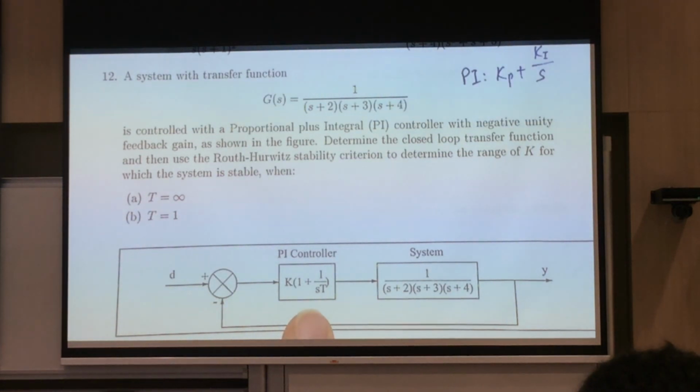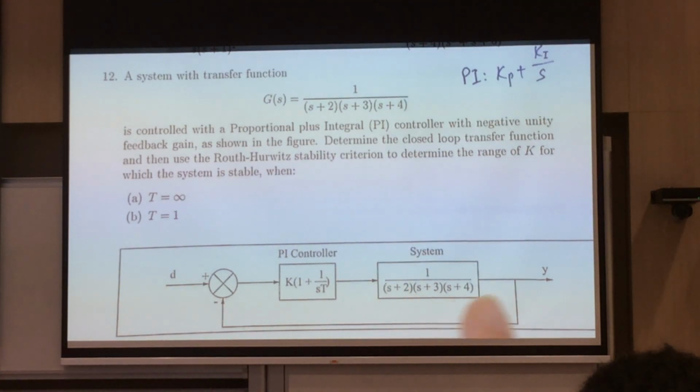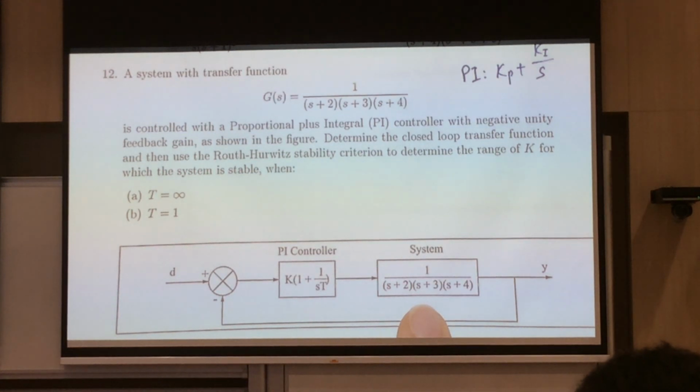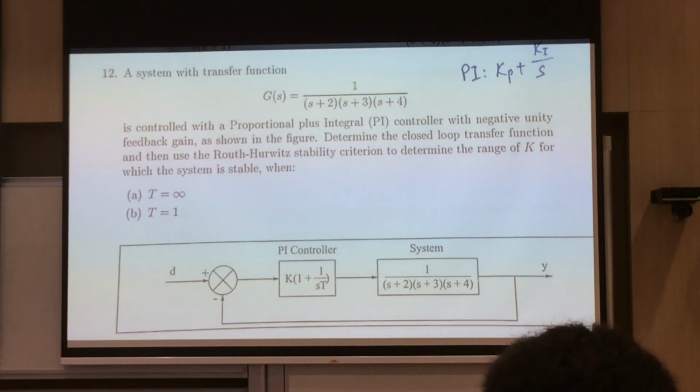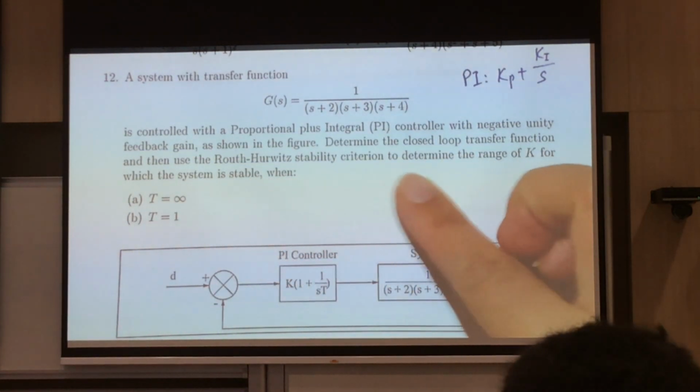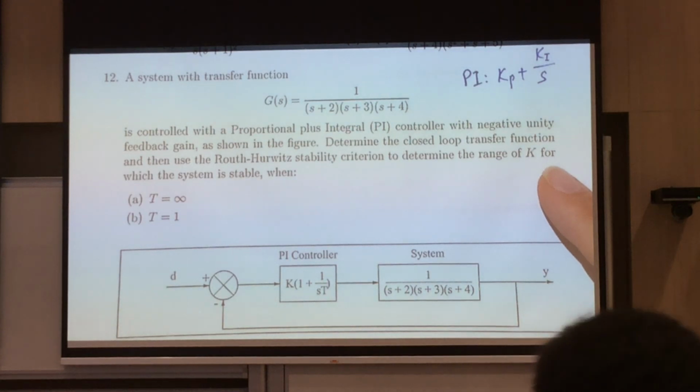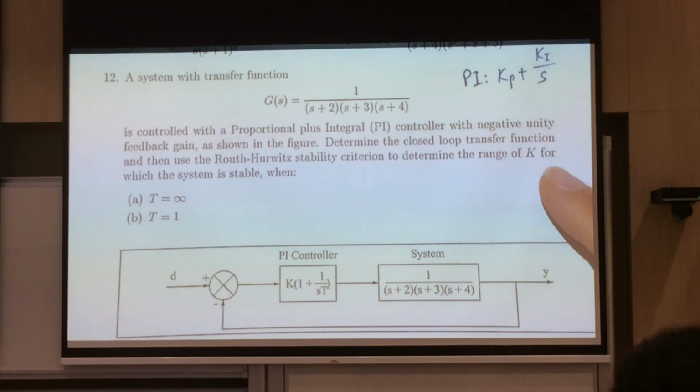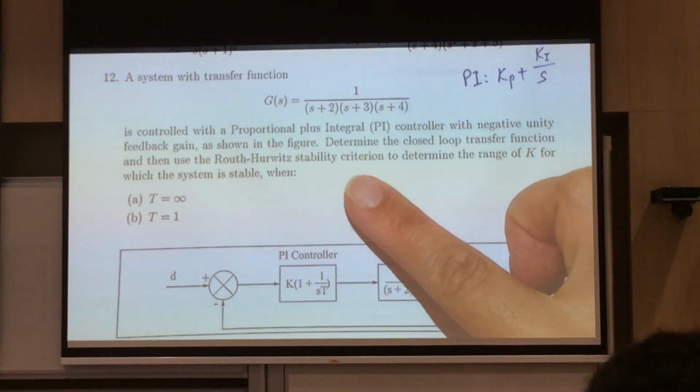Here it's not just K, right? It's the controller times this whole block, over 1 plus this times this. Very simple. After you do that, use the Routh-Hurwitz stability criterion using the ratio K. Meaning you look at the denominator, and then you use the Routh-Hurwitz stability criterion to check it.